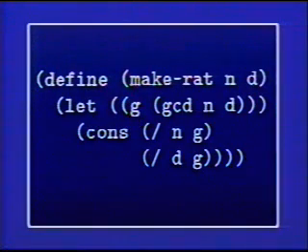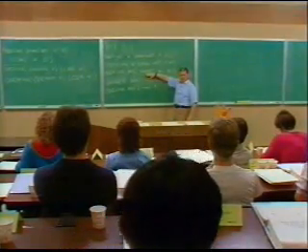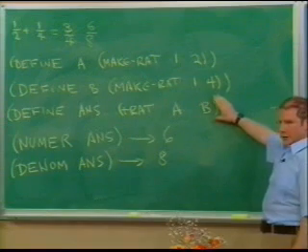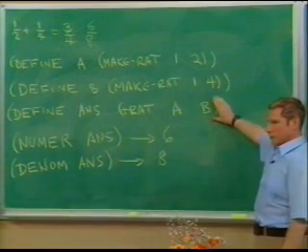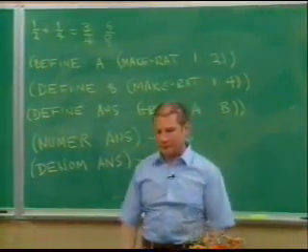And then instead of consing together n and d, I'll divide them through. I'll cons together the quotient of n by the GCD and the quotient of d by the GCD. And that'll reduce a rational number to lowest terms, so that when I do this addition, when plus-rat calls make-rat, remember the definition of plus-rat had a make-rat in there, just by the fact that it's constructing that, the thing will get reduced to lowest terms automatically.